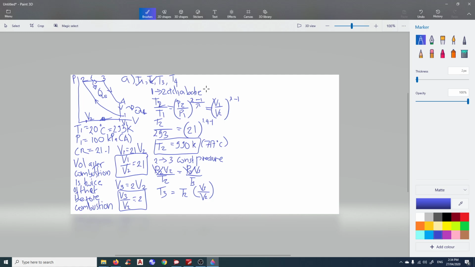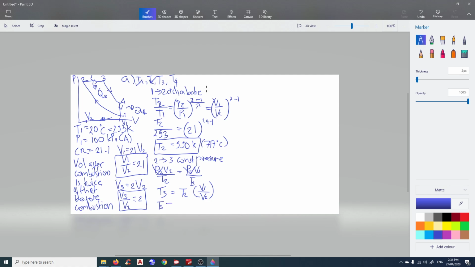We know T2, we already calculated that, 990 Kelvin. V3 over V2, have a look here, is 2 because the question said the volume after combustion is twice that before combustion.